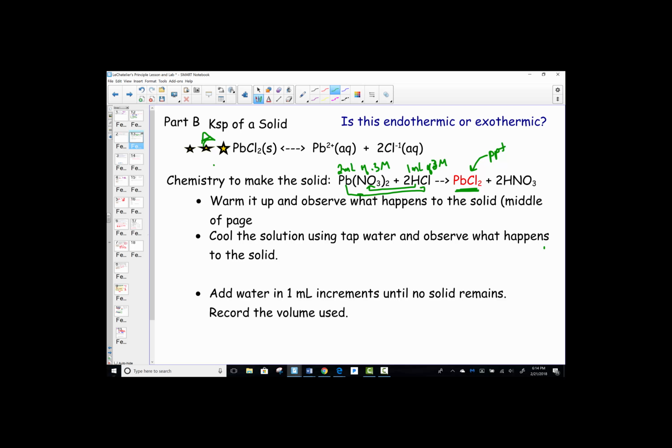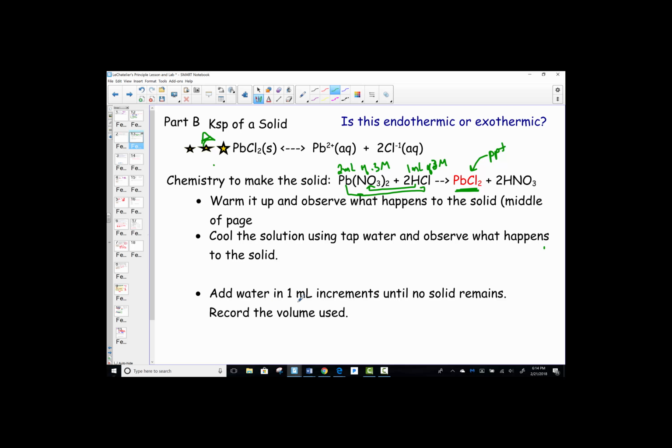So initially, a little squirt of lead nitrate, little squirt of hydrogen chloride, measure those volumes carefully, and you create a cloudy substance. This cloudy lead chloride forms. Then you're going to warm it up and observe what happens to the solid. Then you'll cool it down and observe what happens to the solid.